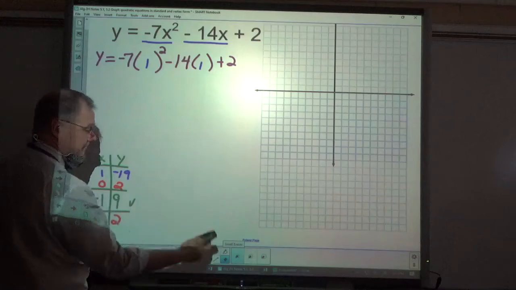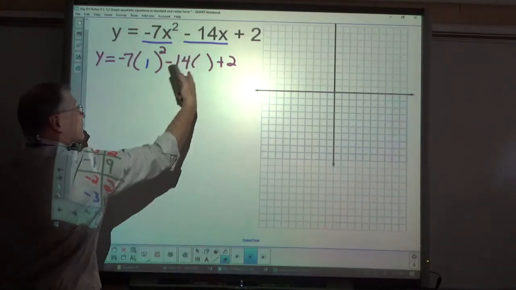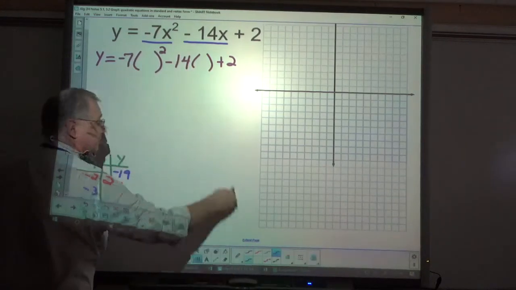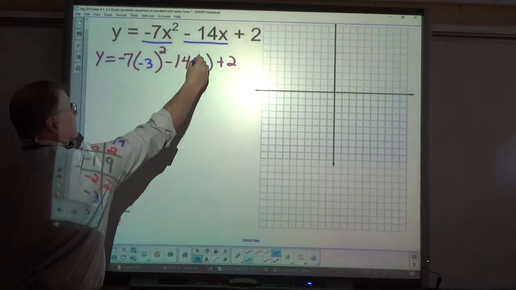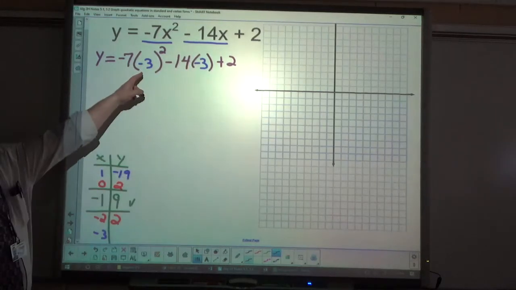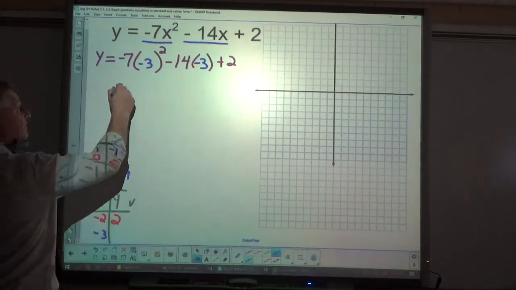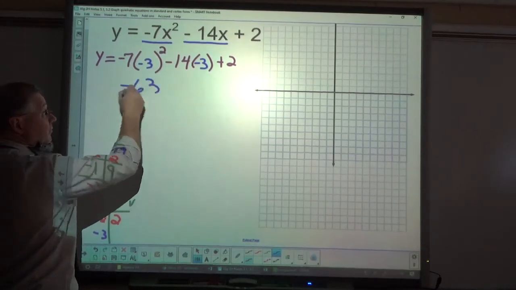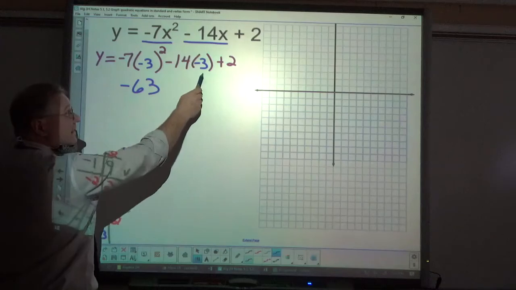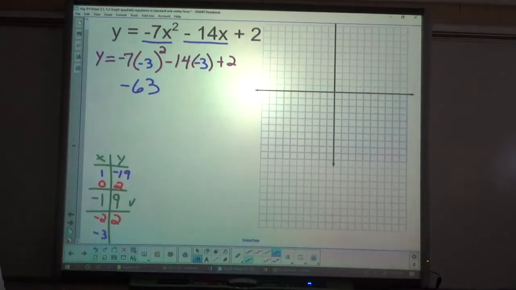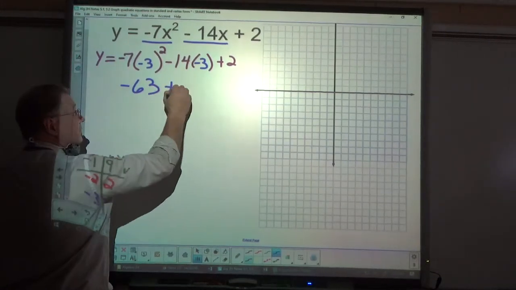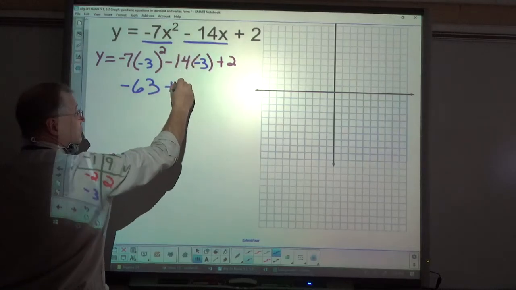Let's see. Negative 3 squared is positive 9. 9 times negative 7 is negative 63. Negative 3 times negative 14, well, we know that's going to be a positive 42.